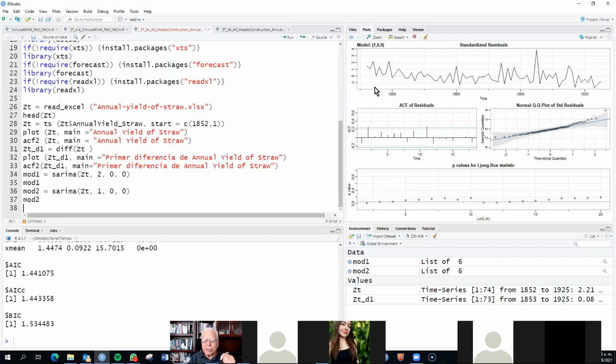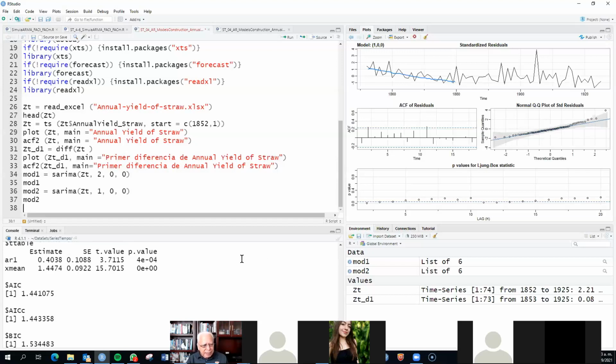We also see some trend in the residuals. I shouldn't be able to see trends in my residuals. So again, this is not a good model. If we look at the coefficients, only one is significant, but my diagnostics tell me that it's not a good model.